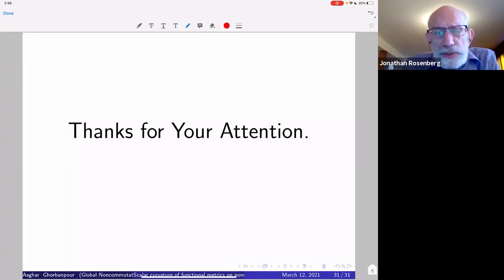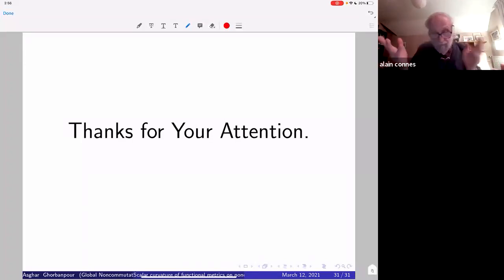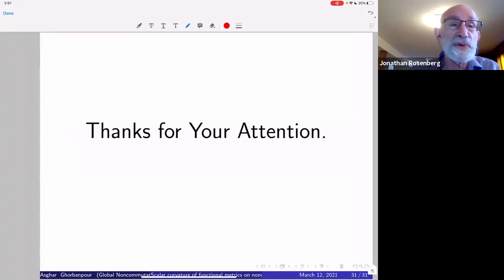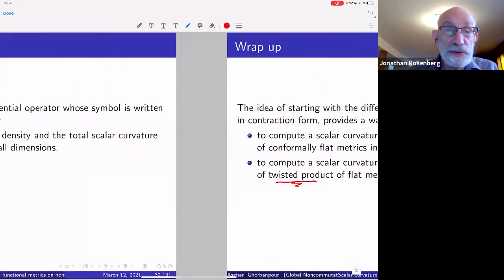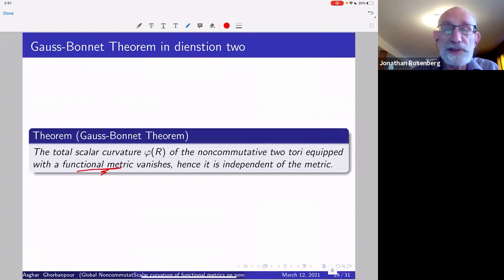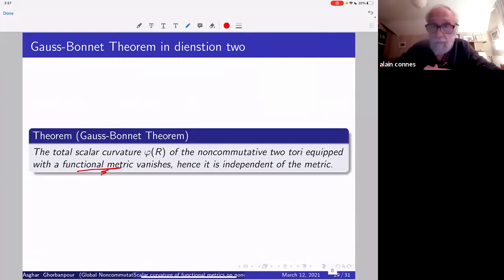So one, of course, is that Alain proved this Gauss-Bonnet theorem, with Paula and then with Henri, that the total scalar curvature is always 0 for conformally flat metrics. So one way to show that you don't have uniformization would be to find an example of a not obviously conformally flat metric for which the total scalar curvature turns out to be non-zero. I don't know, has anybody ever made any progress with this?